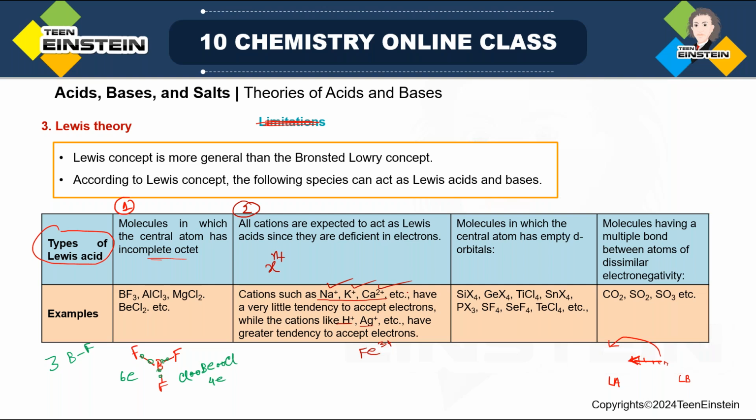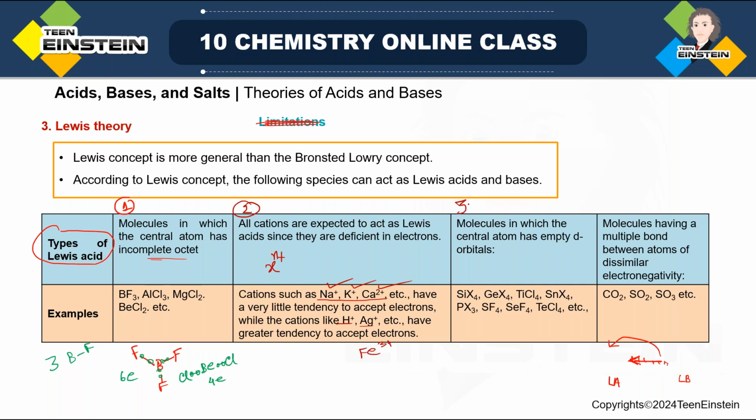A clear idea is possible only if you write the electronic configuration, but for this grade we cannot explain it that way. Just understand that though they carry positive charge, they are stable because they have achieved the noble gas configuration. So whenever you see positive charge on any species, just check whether there is a tendency to accept an electron pair. It is not necessary. For some cations this tendency is high, and for some cations it is not.